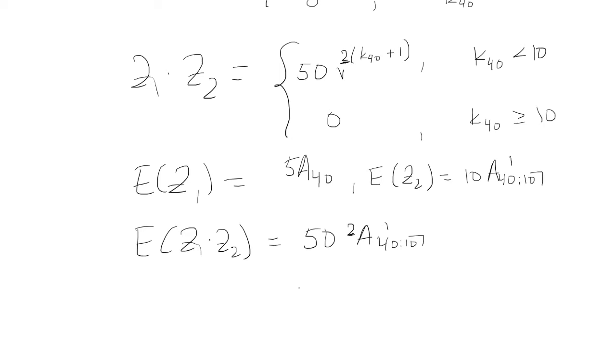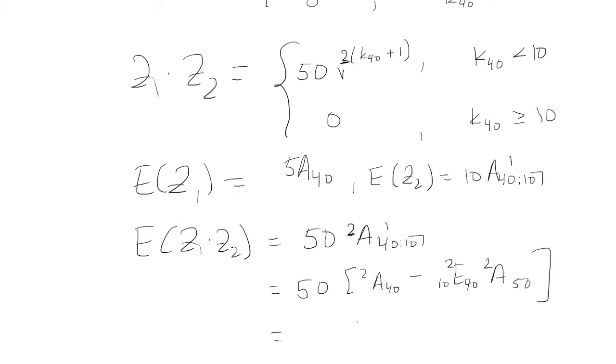Okay, so now we can simplify this. Well, I can write it as 50 times 2A40 minus 10E40, but because there's a 2, we have to use 2 as well for 2A50.